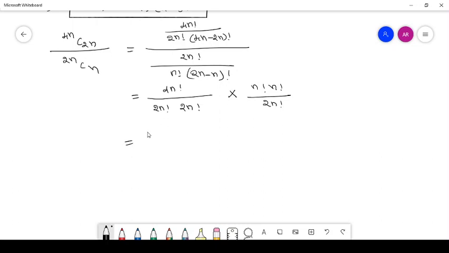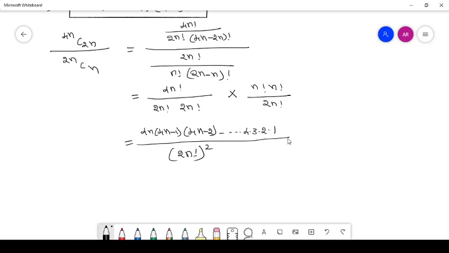We know that 4n factorial can be written as 4n into 4n minus 1, 4n minus 2, 4n minus 3 up to 4 into 3 into 2 into 1, by 2n factorial into 2n factorial, that is nothing but 2n factorial whole square, into n factorial into n factorial, which is n factorial whole square, by 2n factorial.